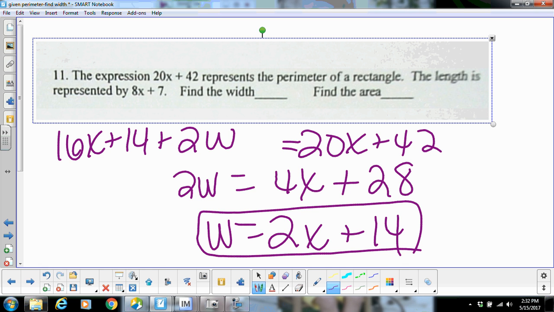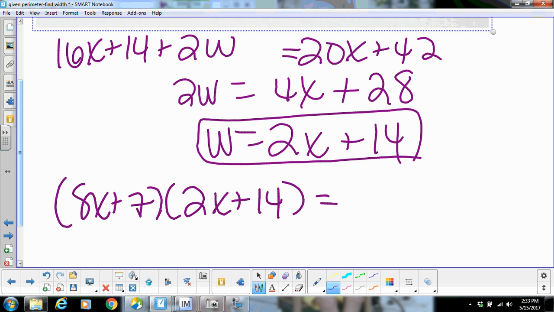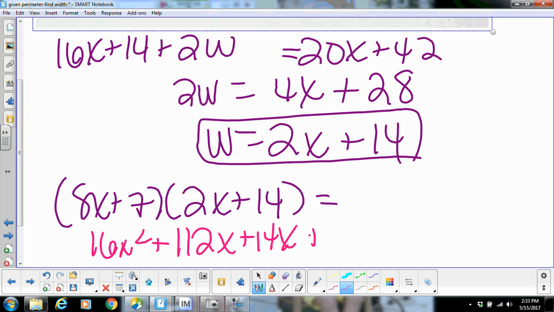Now, it also asks for the area here. So we know that our length is 8x plus 7, and now our width is 2x plus 14. So when we multiply that out, that's going to give us 16x squared plus 112x plus 14x plus 98.